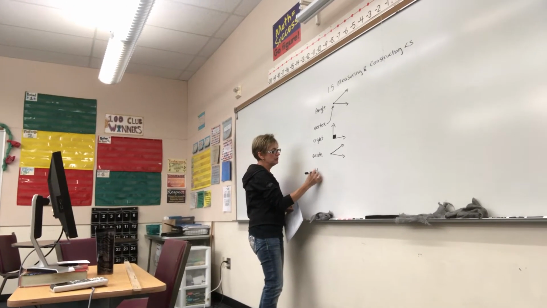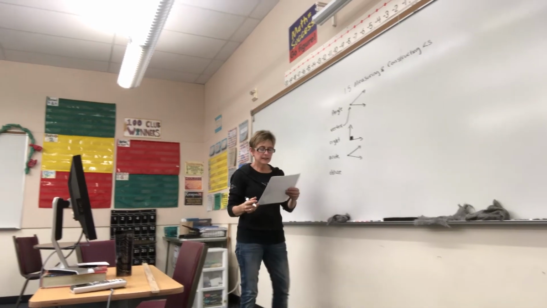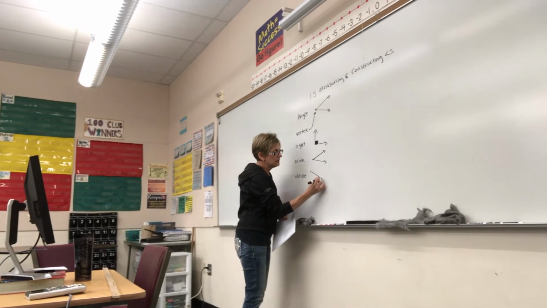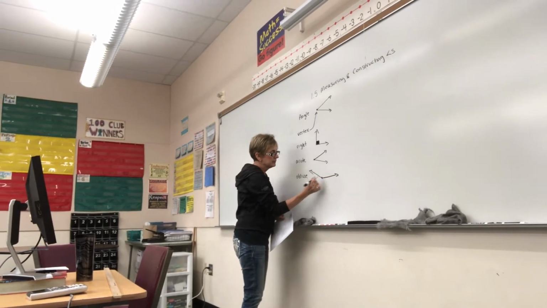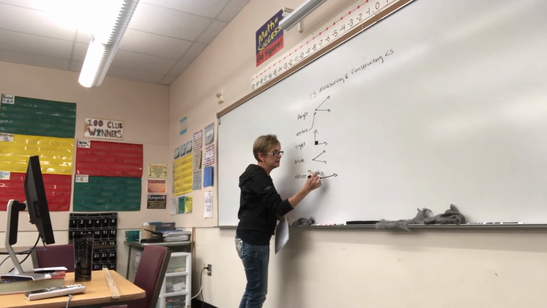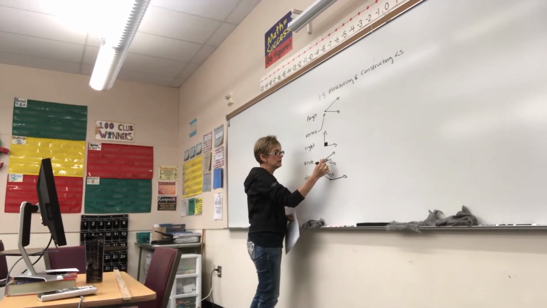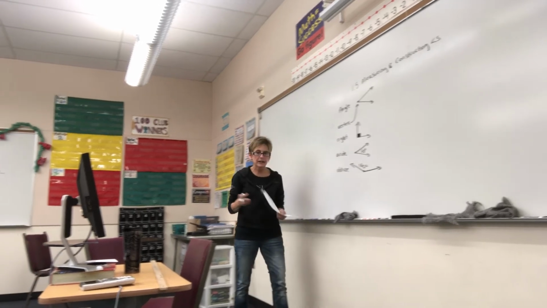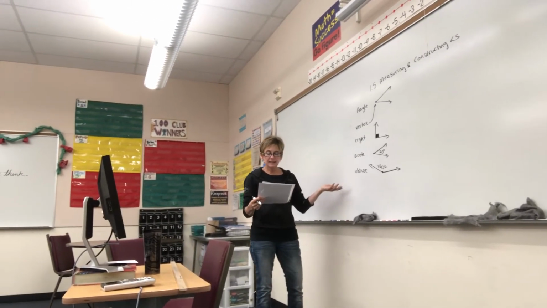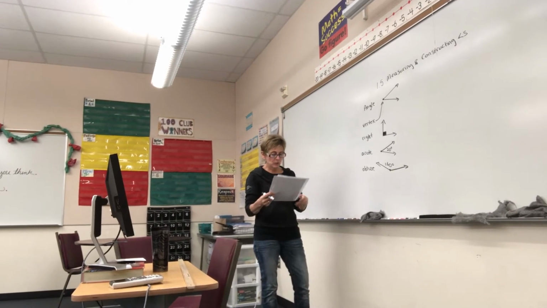An obtuse angle is an angle with a degree measure greater than 90 degrees. So we might draw it something like this. And it could be, let's just label this as, I don't know, 160 degrees. Let's label our acute one as 20. Doesn't have to be exact. We're just trying to convey that they're not equal to 90. The acute is less than 90 degrees, and the obtuse is more than 90 degrees.